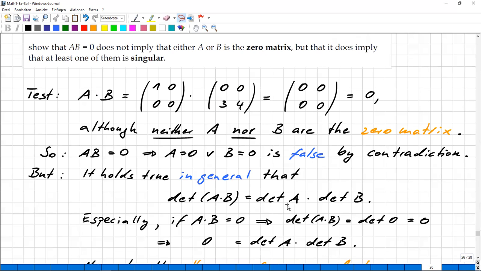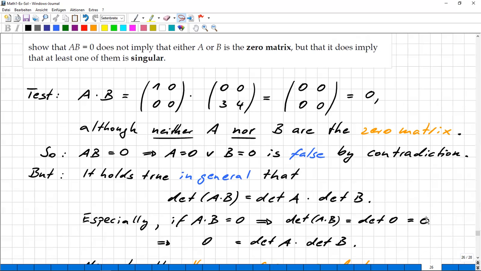With single, I don't mean singular, okay? Now, take our interesting case here. If the product A times B equals the zero matrix, it follows, because this is a valid equation, that the determinant of A times B must also be the determinant of the zero matrix, which is definitely equal to 0.